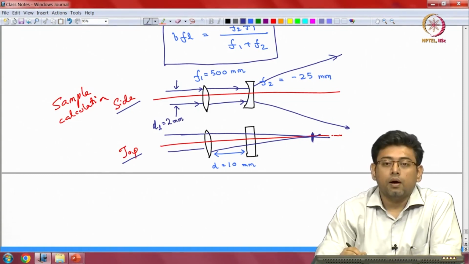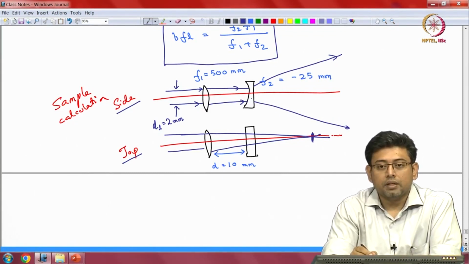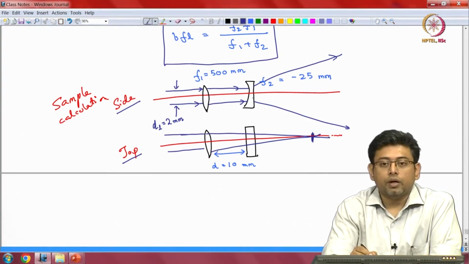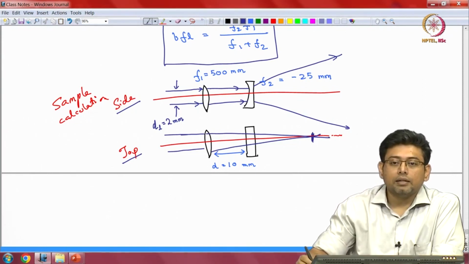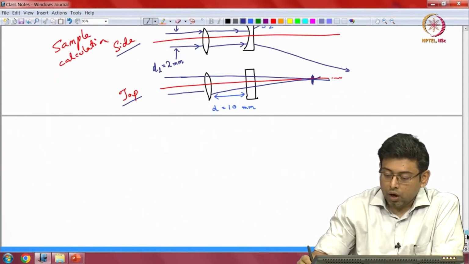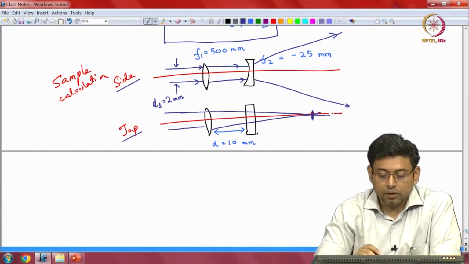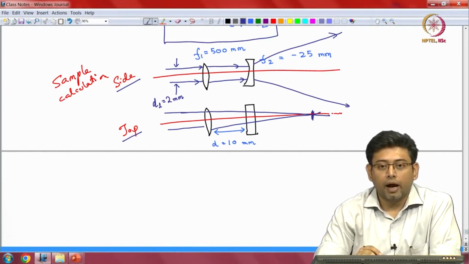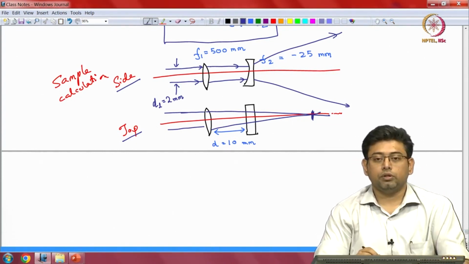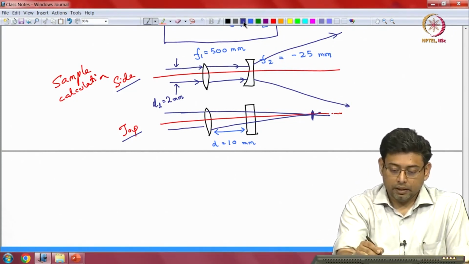This light enters from the left hand side, encounters the first lens, goes on and meets the second lens, and the question was to figure out where the back focal plane is and some of the other characteristics of the experimental section which you would want to design in a given situation like this. I hope you have taken a look at this problem and tried to solve it. I will go through the solution today and explain these things in detail.